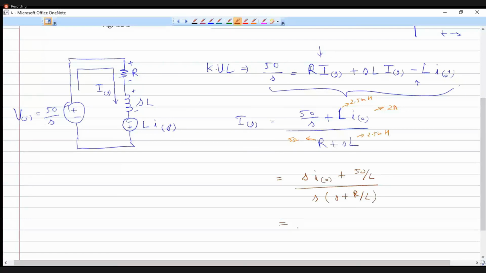So this is equal to 2s plus 50 divided by 2.5 into 10 power minus 3. 50 divided by 2.5 is 20 into 10 power 3, right?